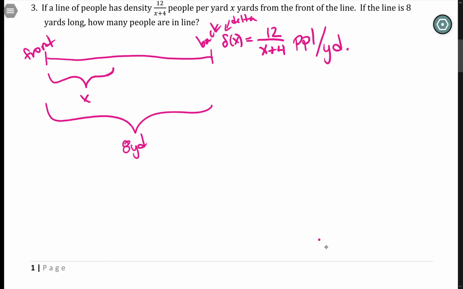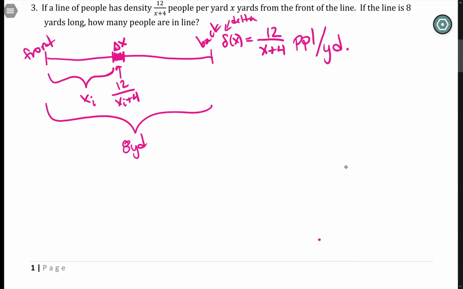So I am x yards back from the front of the line. I'm going to make a little slice that's delta x yards long. And I want to figure out how many people are in this little slice of the line. So I know that the length of the segment I'm talking about is delta x. So let's call this x sub i for a specific. On this section of the line, the density is 12 over x sub i plus 4.